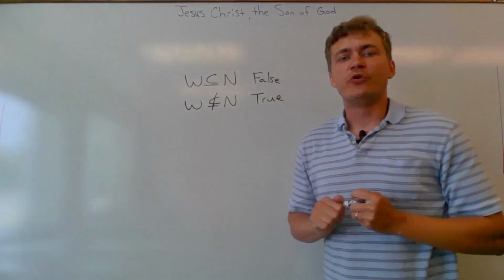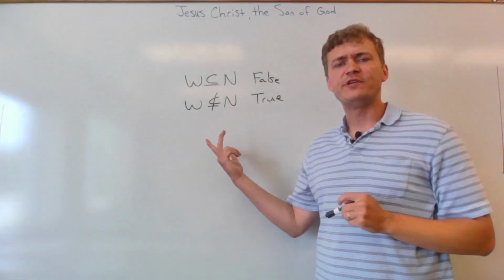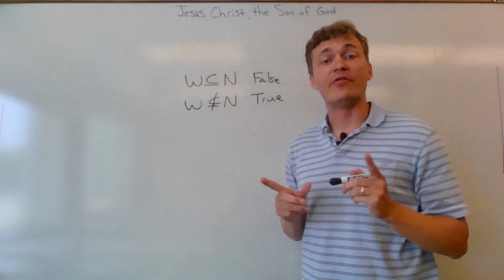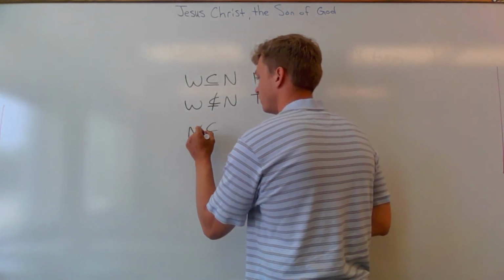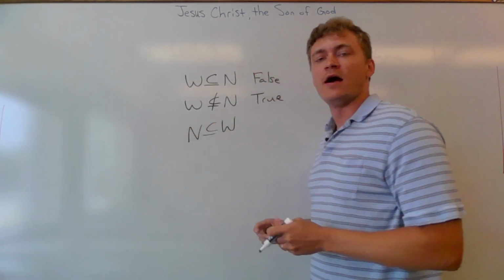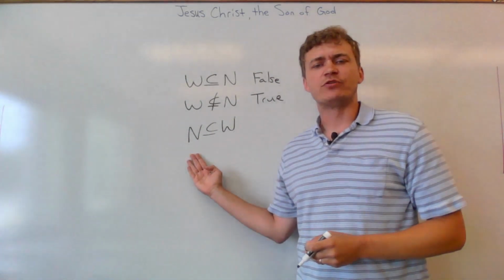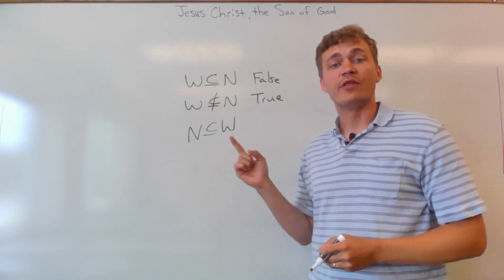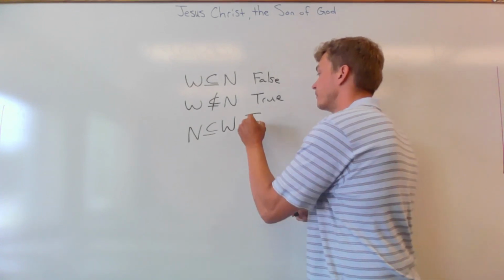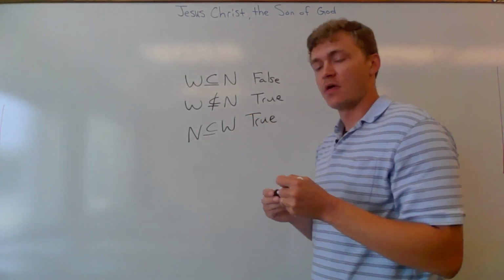My question to you then would be, what would happen if we spun these two sets around? That is the question here. Is the set of natural numbers a subset of the whole numbers? This is true. Think about this.